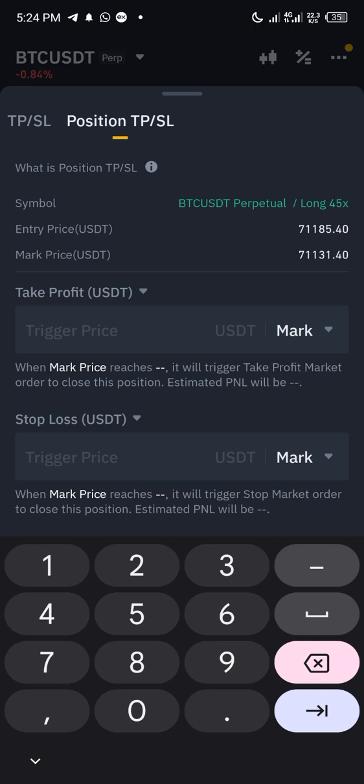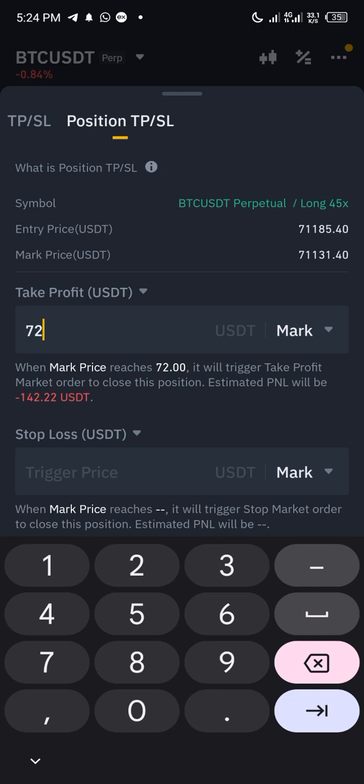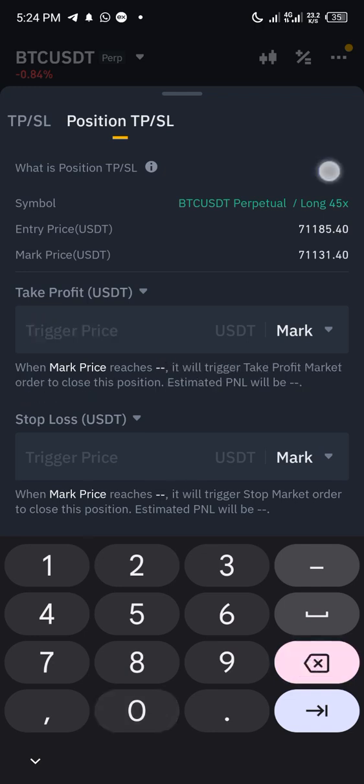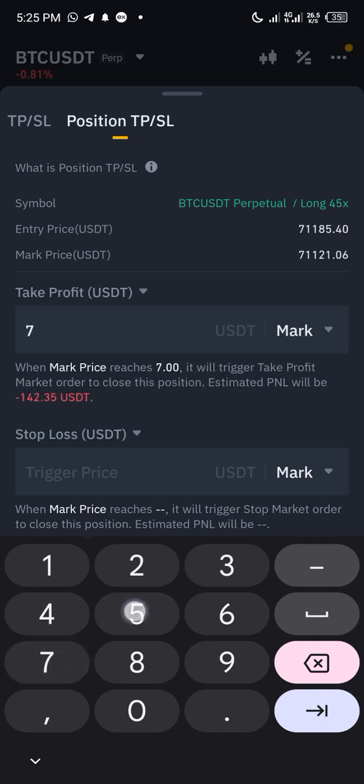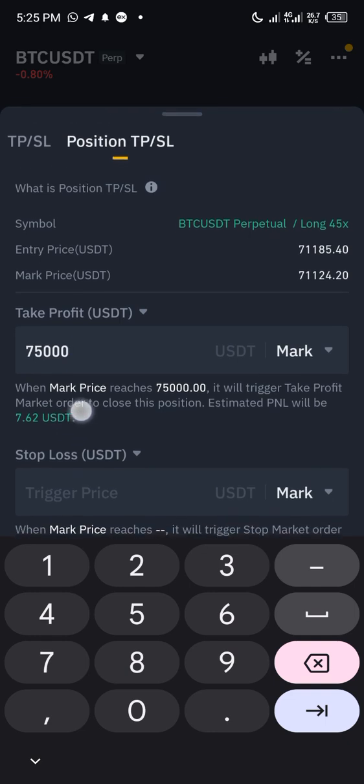Let's say I want to take my profit if the price of Bitcoin is 72. Should I use 72, guys? So now let me just use, let's say I want to take my profit if the price of Bitcoin can rise up to $75,000. So I'll just input that $75,000 here. As you can see, we have one color here that is green.